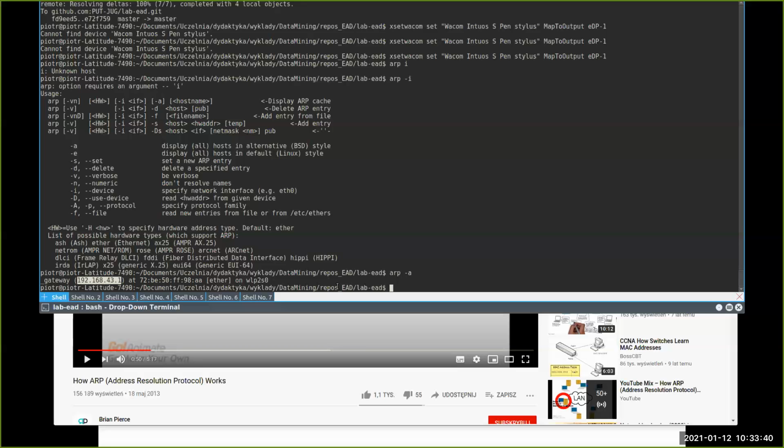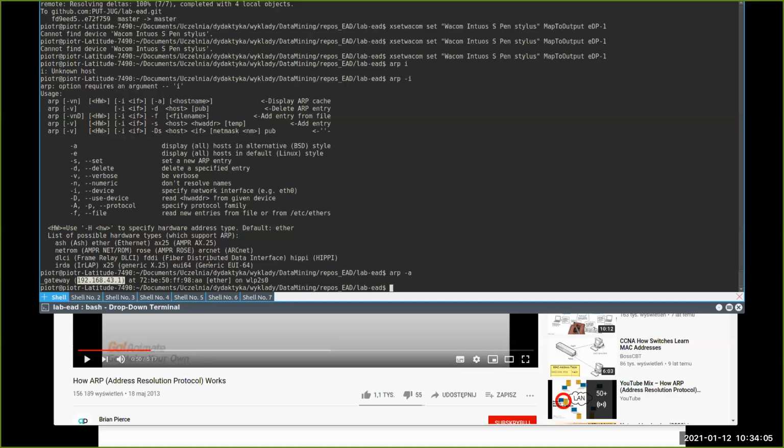If in my local ARP table there is no entry which connects an IP with a MAC address, an ARP message is sent. So my computer tries to locate a particular node in the network.